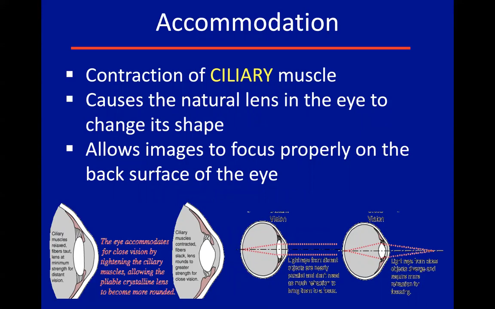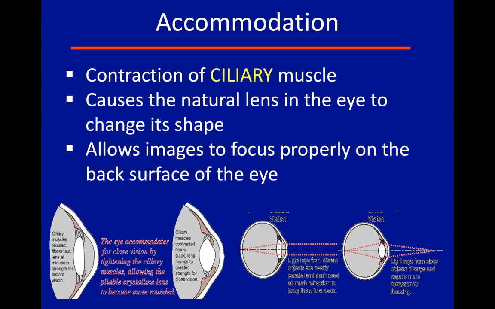When you accommodate, meaning being able to look near, when you read or look at something near, these ciliary muscles actually contract. This is your normal muscle. These are relaxed, and this is your lens.